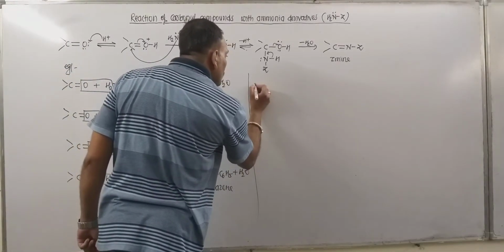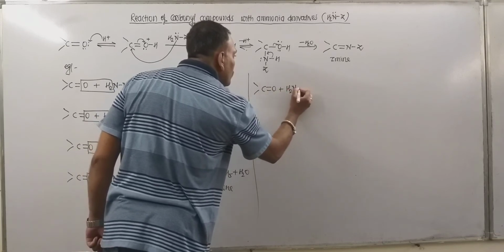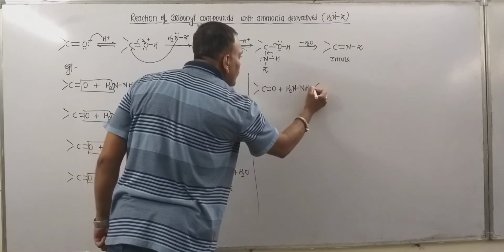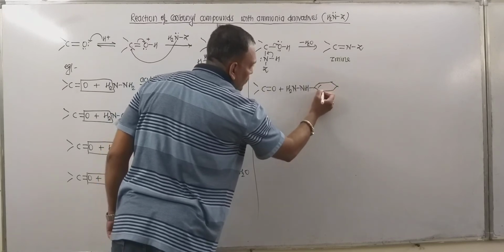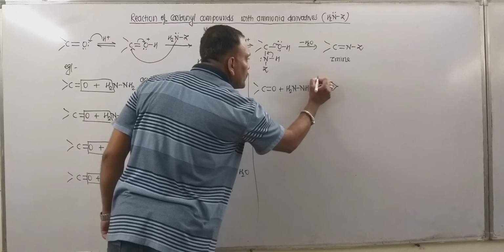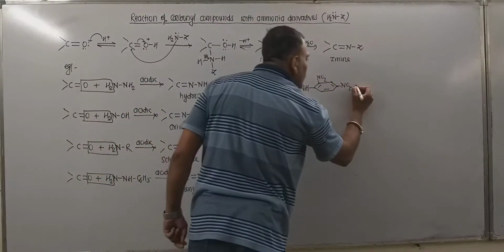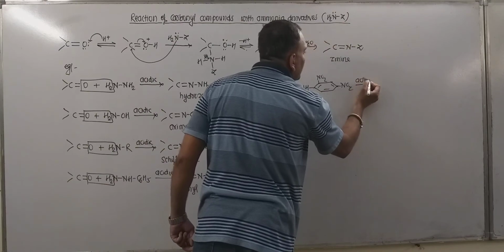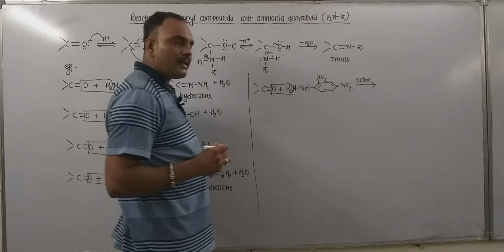Now the next very important thing is reaction with 2,4-dinitrophenylhydrazine. So this is a carbonyl group. When treated with 2,4-dinitrophenylhydrazine, which may be given as, so this is the 2,4-dinitrophenylhydrazine, when treated in acidic medium, then also departure of water takes place in this manner.